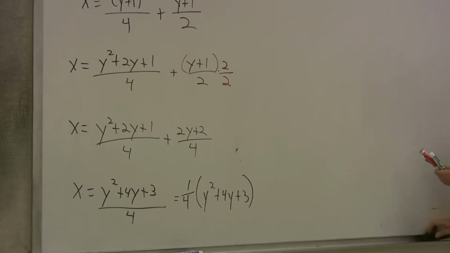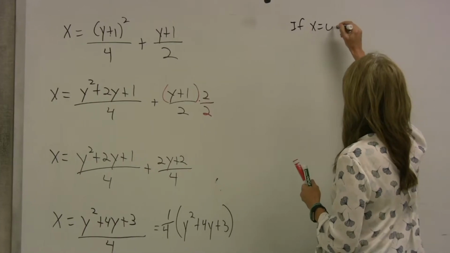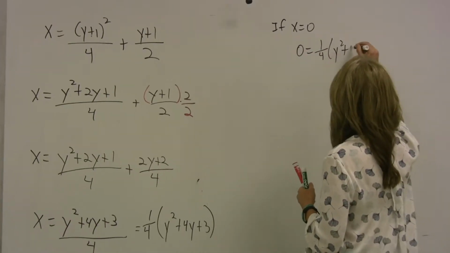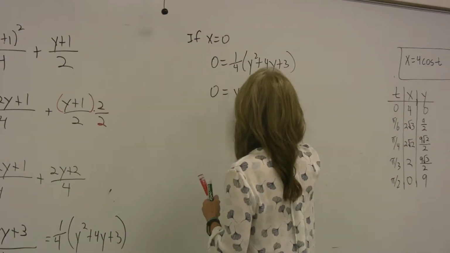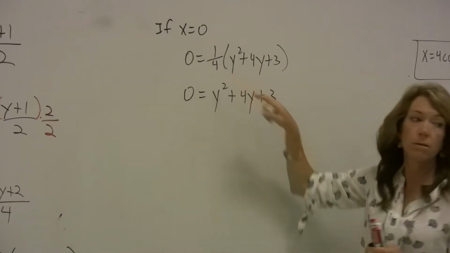If I let x equal 0, then I have 0 equals 1/4 times all that. I'm going to multiply through by 4, and that goes away.